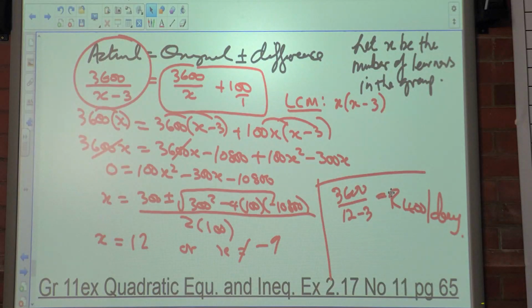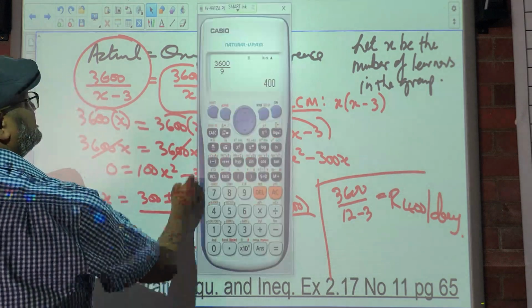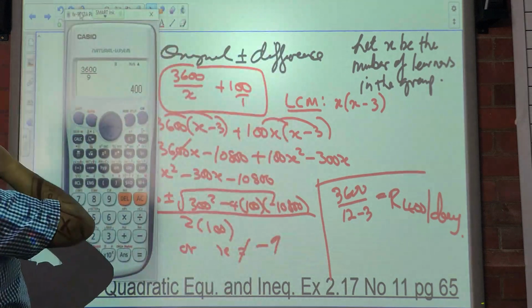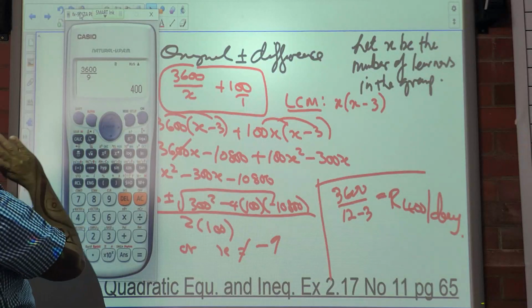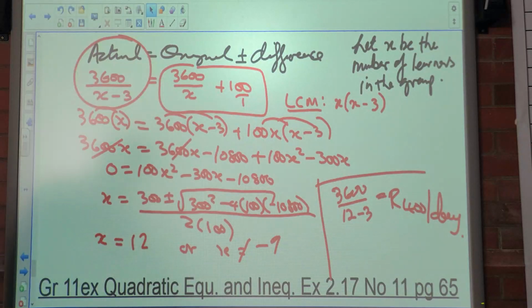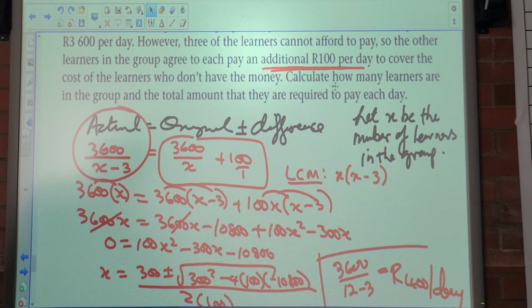Okay? It says 3,600 per day. Didn't I ask you how much must each person pay? Calculate the total amount that they are required to pay each day. So isn't it then 3,600 plus the 100?